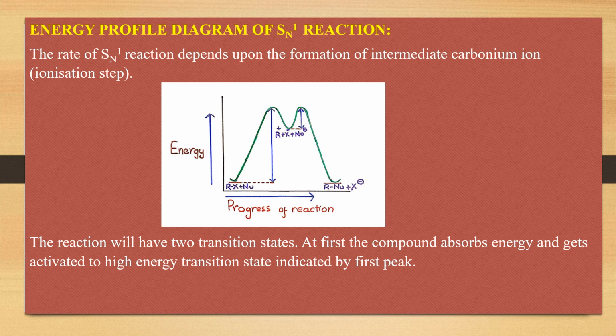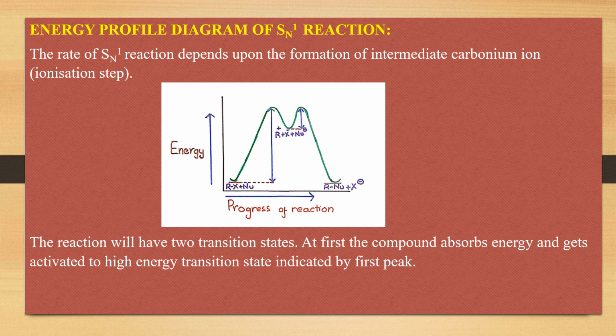Now look at the peak again, students. It is going up, right? That means the carbonium ion again absorbs some energy and another high energy transition state is formed, which is shown by the second peak. The compound absorbs energy and is activated to a high energy state indicated by the first peak.